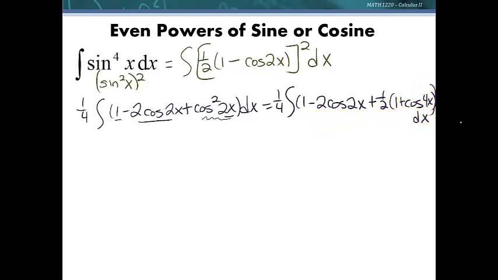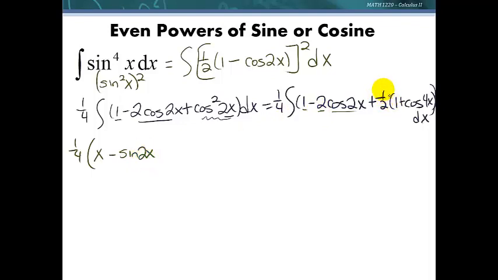Now these are all things that I could integrate, so I'm going to do that. So we've got our 1/4 out in front, and integrate here and we get x, integrate here and we get minus sine 2x, because this 2 will be generated when we do the chain rule here.